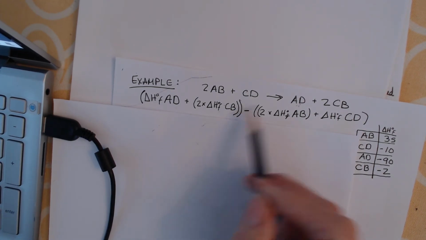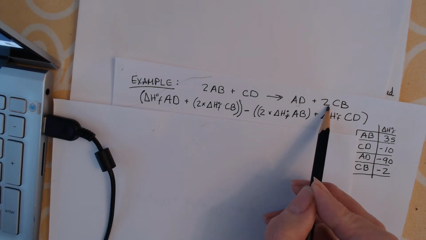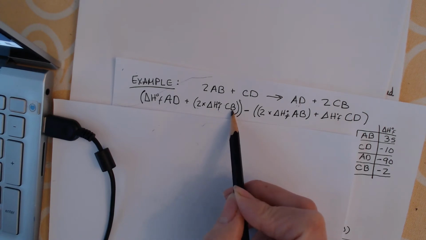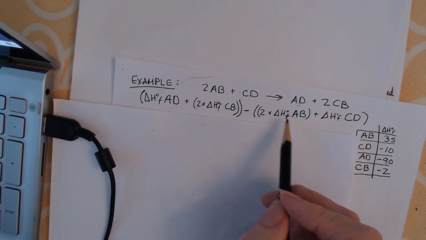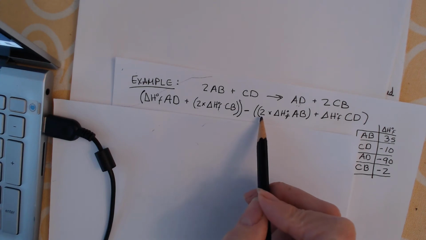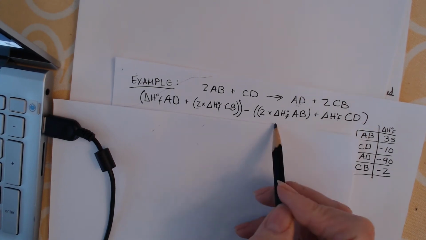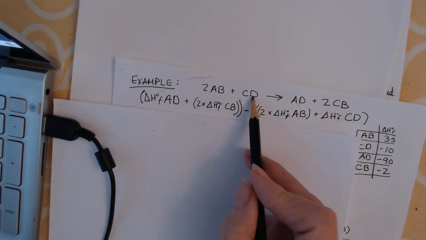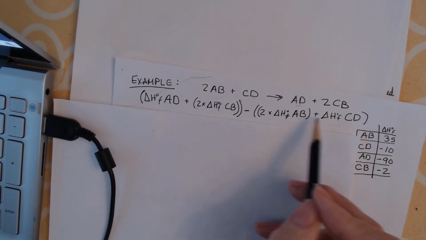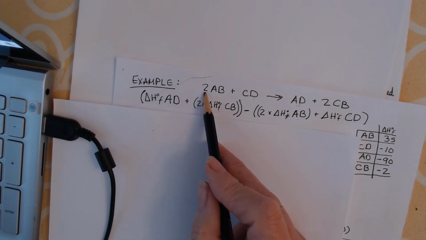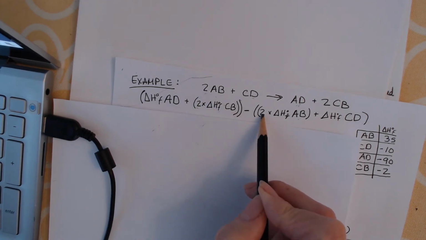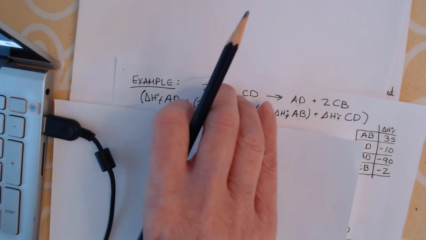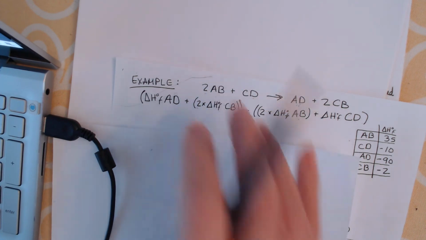Note too that because I had this coefficient here on CB, I have to say 2 times standard heat of formation of CB. Okay? So, of course, by default, then, the last part of my computation is going to involve my reactants. So here's AB, AB, CD, CD. And I've got my coefficient of 2 here embedded in my equation to affect AB. All right, so I'm set up.